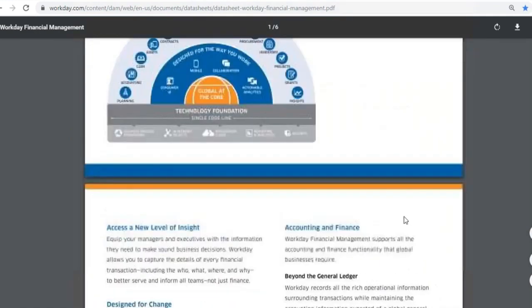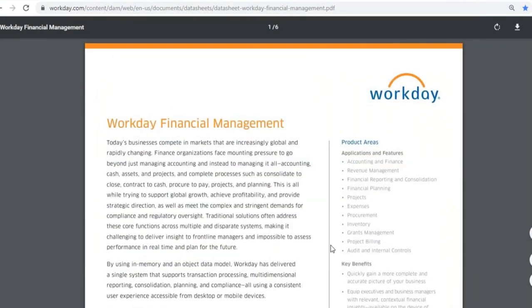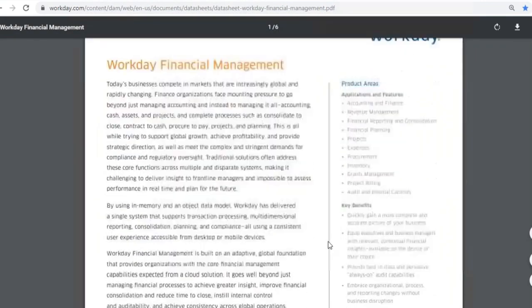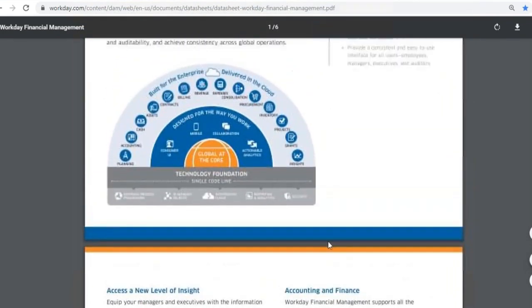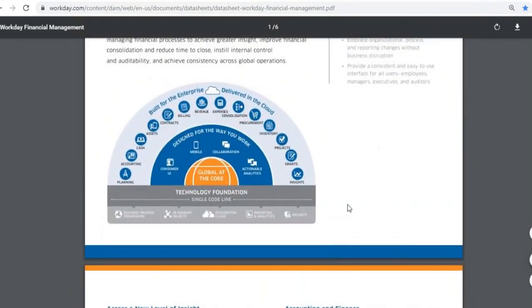So what we covered, basically, if you want to see from the graphic picture, here we are going to cover planning, accounting, cash, assets, control, billing, revenue, expenses, consolidated procurement, inventory, project, grant, insight, plus other integration, developing reporting, security, business process, building the business process framework.